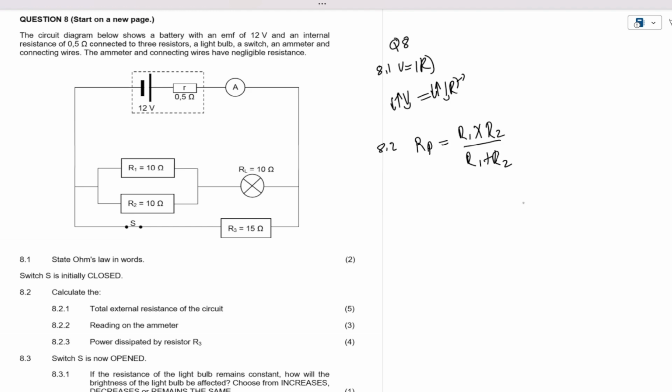If there are two or more than two resistors, you can say 1 over R1 plus 1 over R2, and it will continue like this. And when it comes to resistors in series, we just add them right away: R1 plus R2 plus R3. You get your marks when you write your formula.